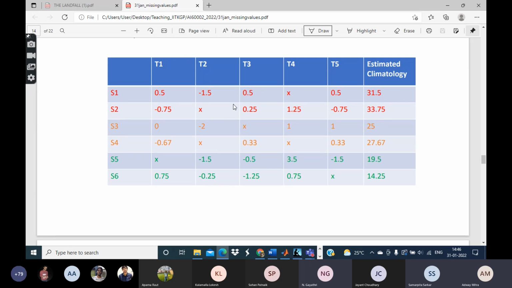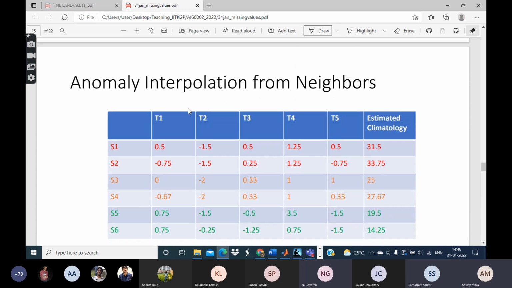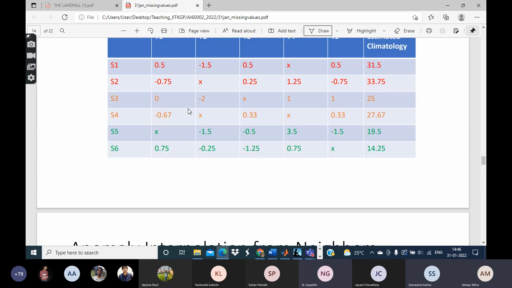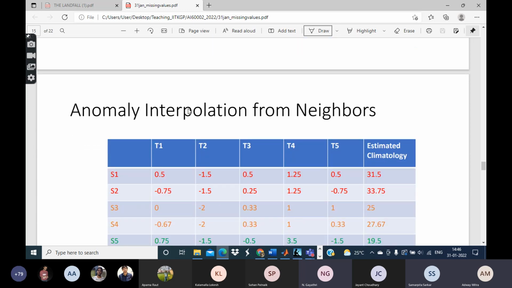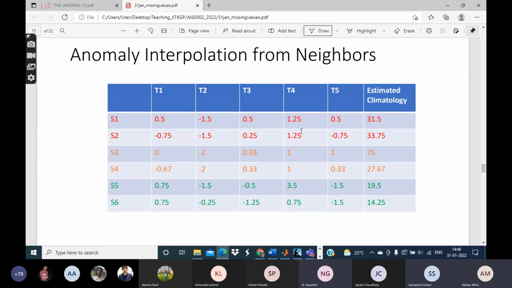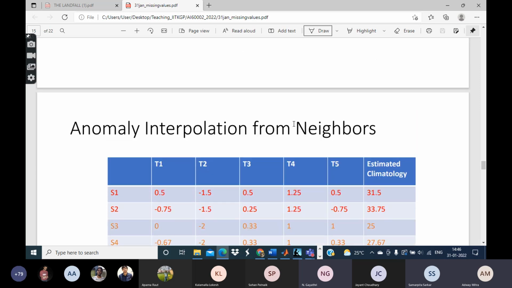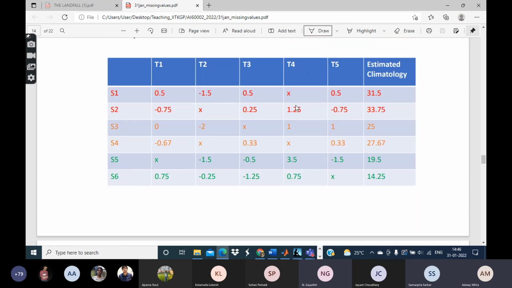With the help of this color coding, let's set them apart from each other. Now, if you want to interpolate the anomaly taking into account only the spatial factor, not the temporal factor, you may see that at T4 the anomaly in S2 is 1.25, so you may just put the same value 1.25 here in S1 also.